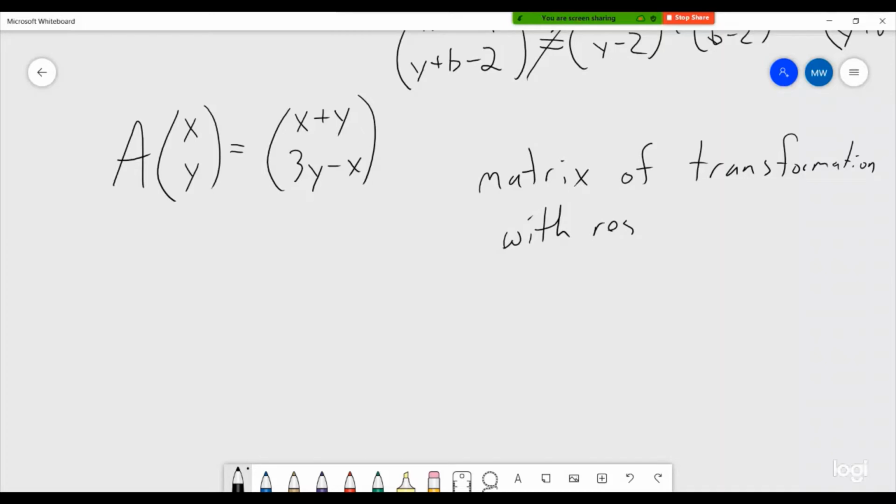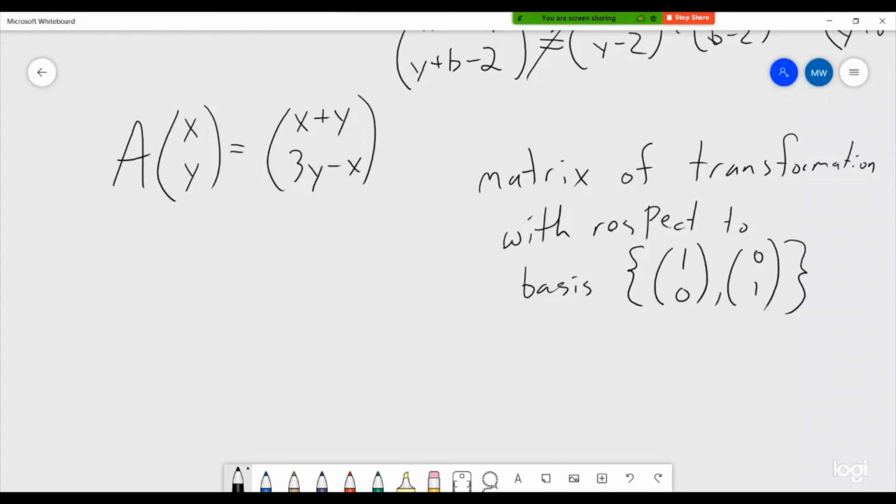So we often say it's the matrix with respect to the basis, and then we give a set of vectors, which are going to be the basis we're going to use. Because this is a two-dimensional vector, a common basis is to pick (1, 0) and (0, 1). And so we want to figure out what's the matrix of the transformation with respect to this basis.